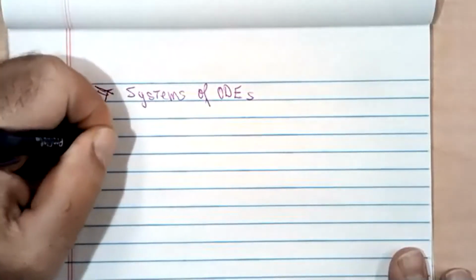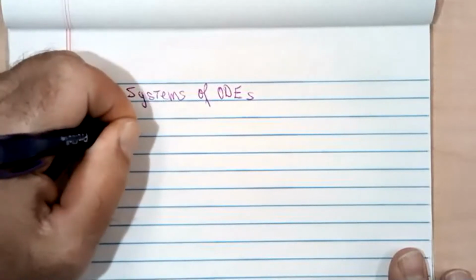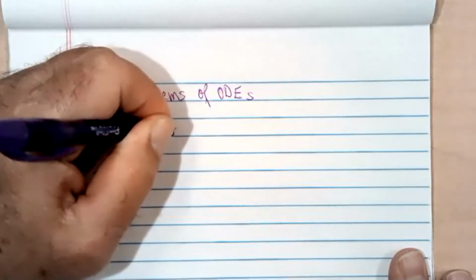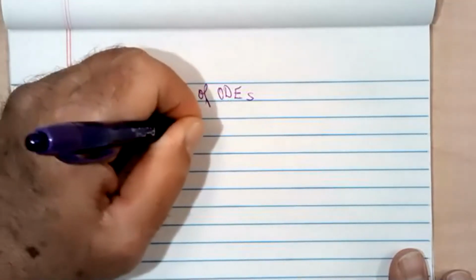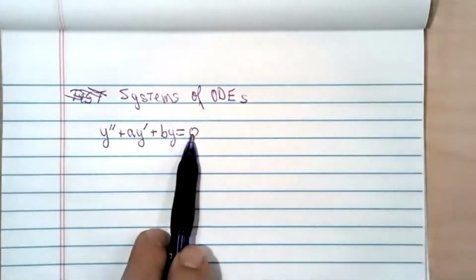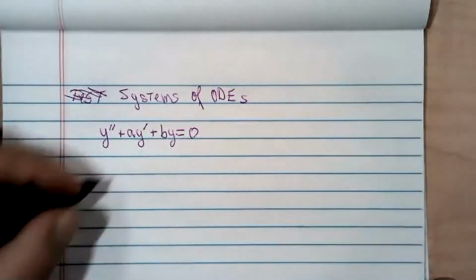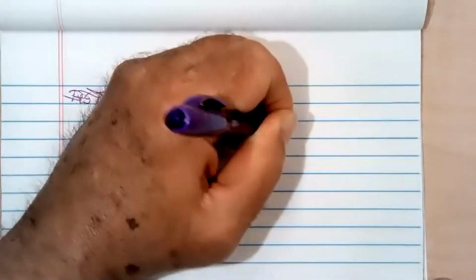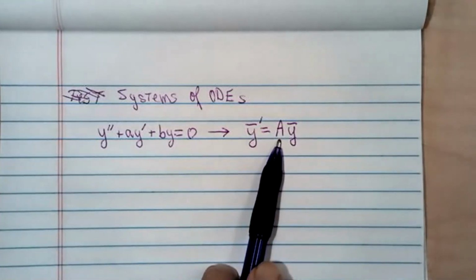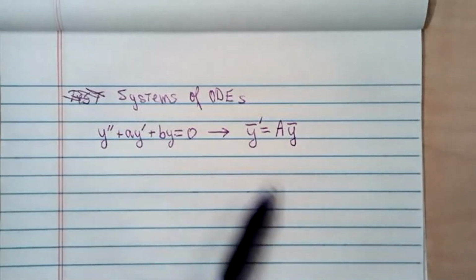First of all, I'm going to talk about how you can take a linear differential equation of the kind we were looking at before, second order linear with constant coefficients and 0 on the right hand side, homogeneous, and show how to translate that to a vector differential equation. And A is a matrix of coefficients, which is related to this a and b. It's not simply a and b.